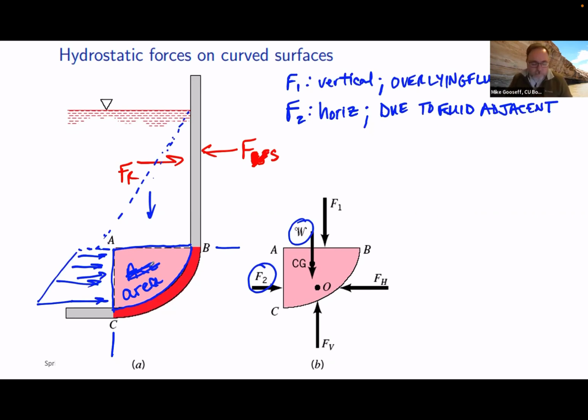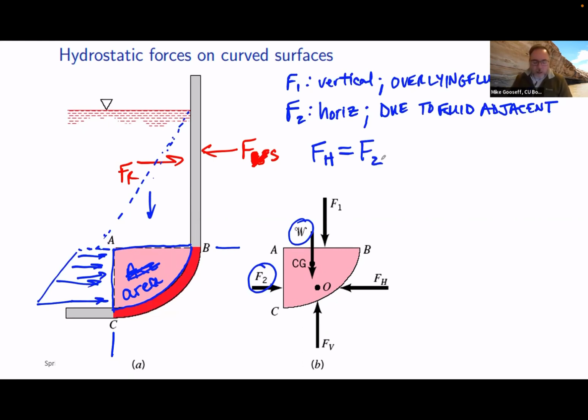So what I want to set up then is all of this looks fairly simple. It's all working in the X and Y directions, right? So this FH, this counterforce that is going to have to keep this curved section in place and oppose the incoming forces, FH is equal to F2.